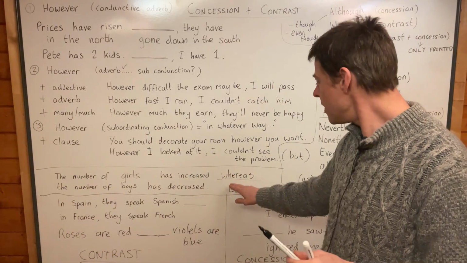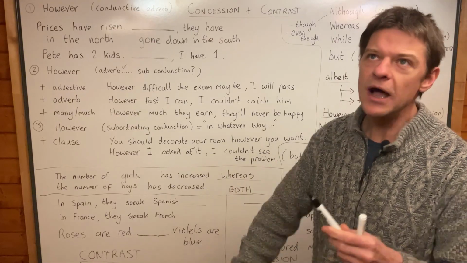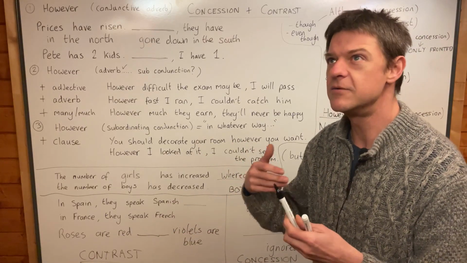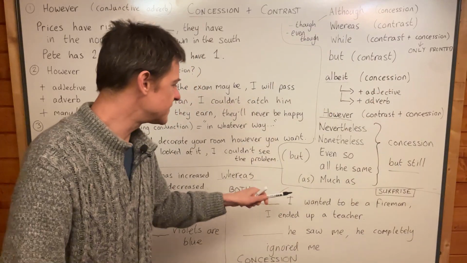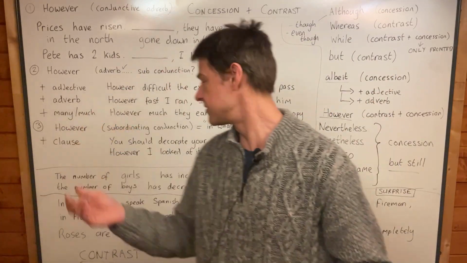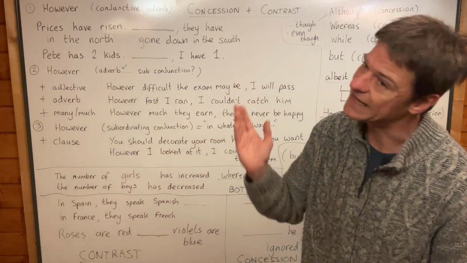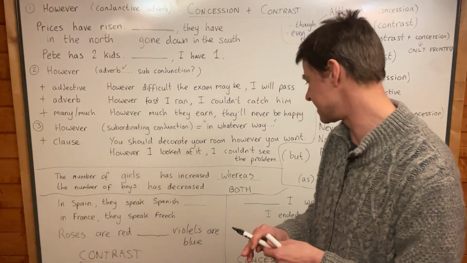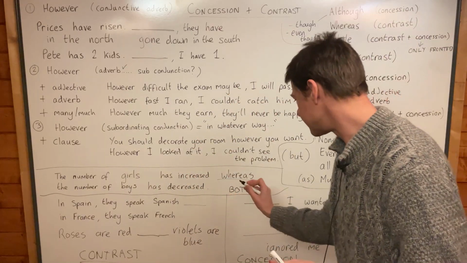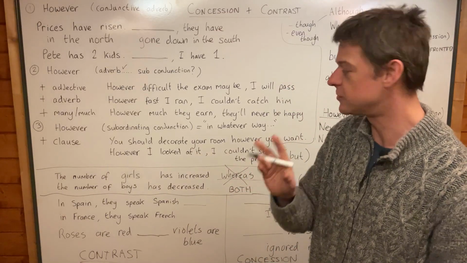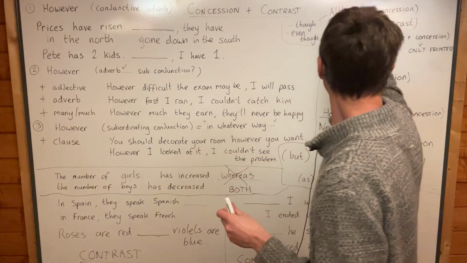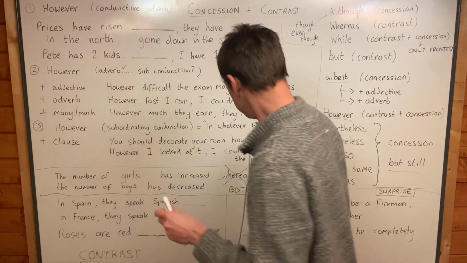Now, with this sentence, you might be talking to somebody and you might be trying to explain to them that there's something surprising about the fact that the number of girls has increased and the number of boys has decreased. And if there is something surprising, you won't use whereas, because whereas is just for contrast. You'll use although, which is for concession.